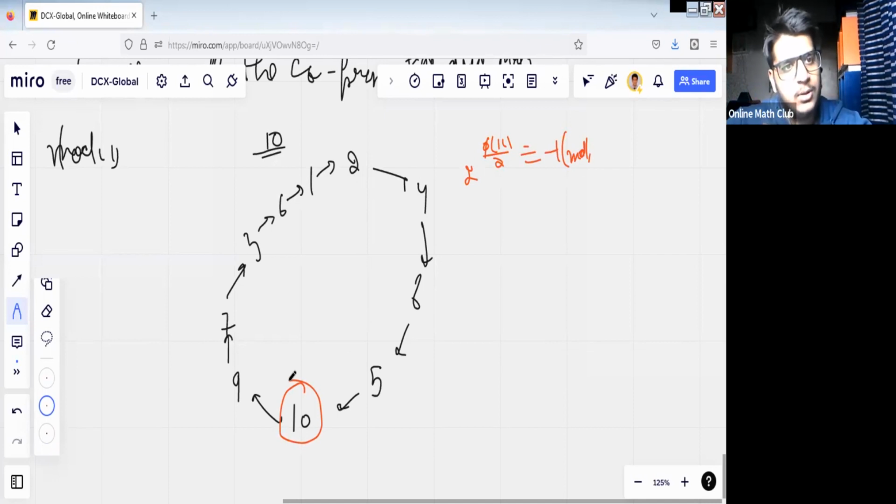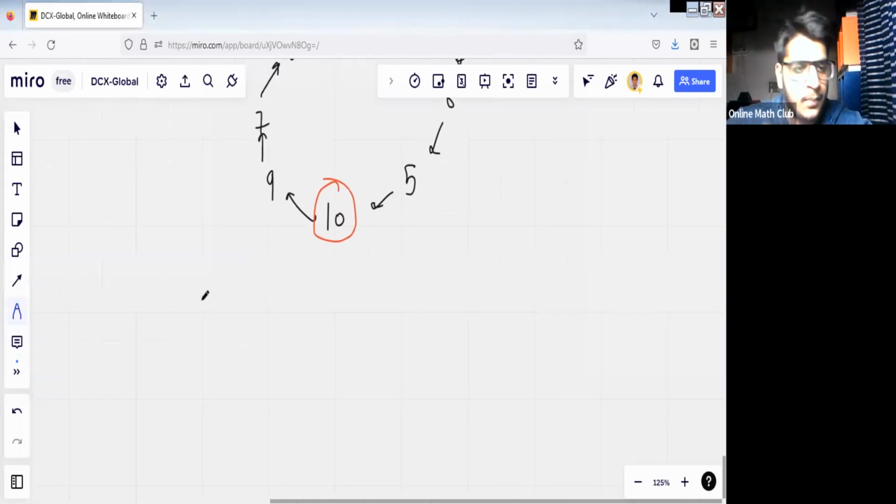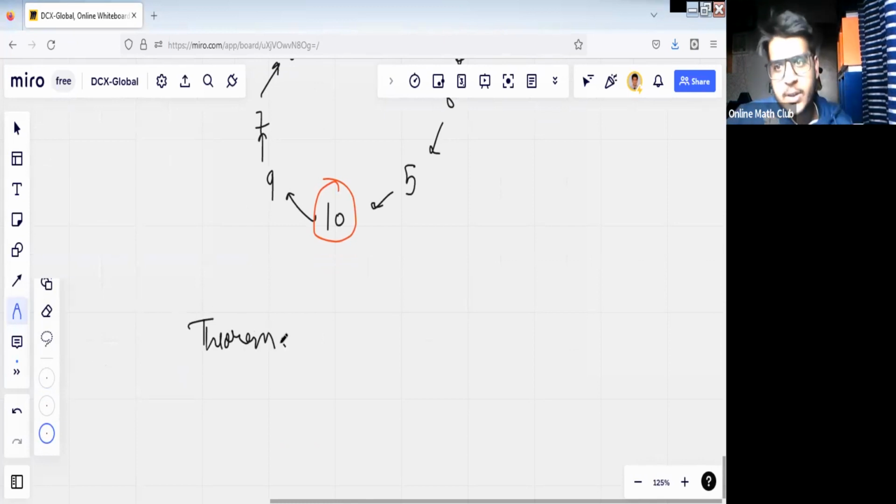Zaman? Okay. So let me find the problem one sec. Okay, try this. Before that I'll state a theorem. I do not know the proof of this theorem because it's said to be high tech or something, but it is a well-known theorem and you should know this.